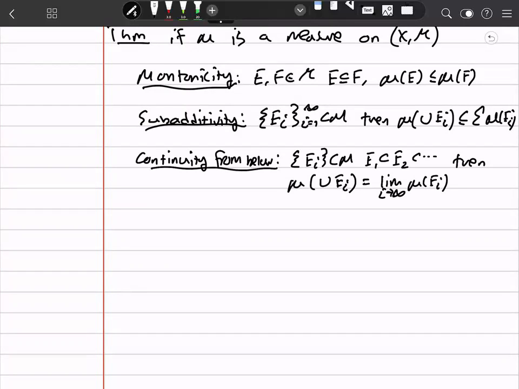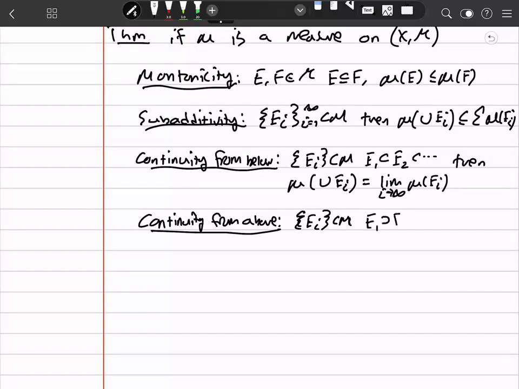So we have a similar condition called continuity from above. We have the same setup. E sub i is a sequence in M, but this time we have E1 is a superset of E2, is a superset of E3, right?